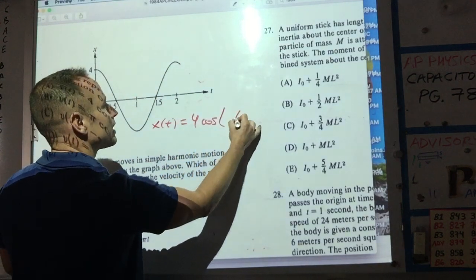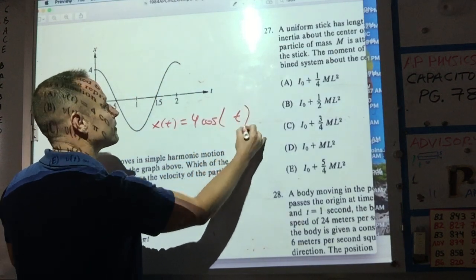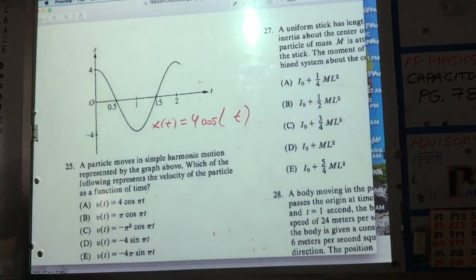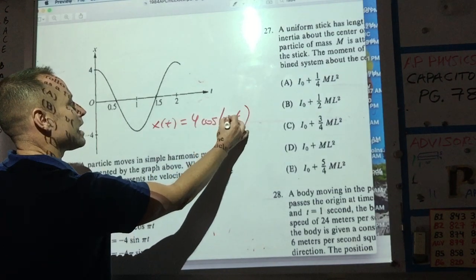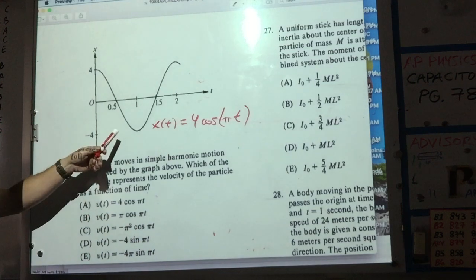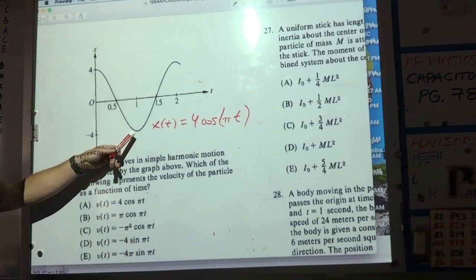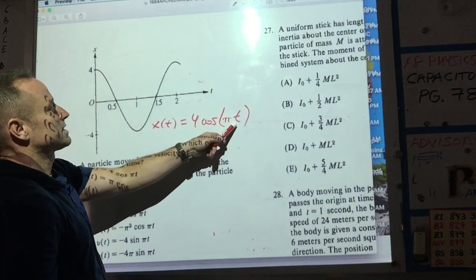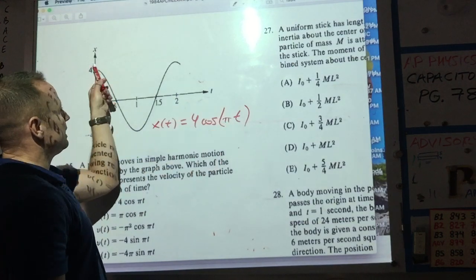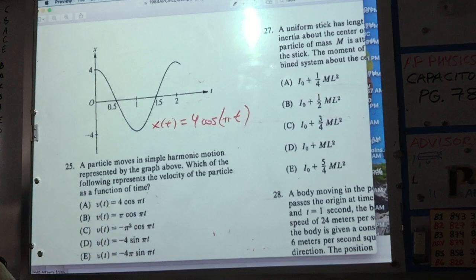So cosine of something times t. Oh, all these have pi in them. This is actually going to be pi, because if you put in t equals 2, it repeats. That makes sense, so this is the correct position function.